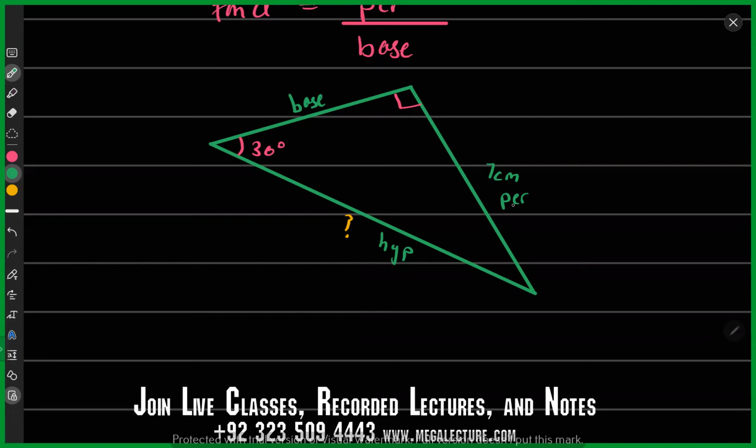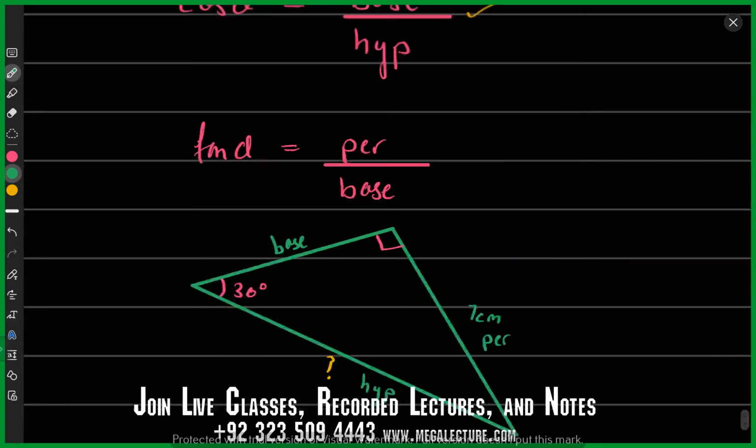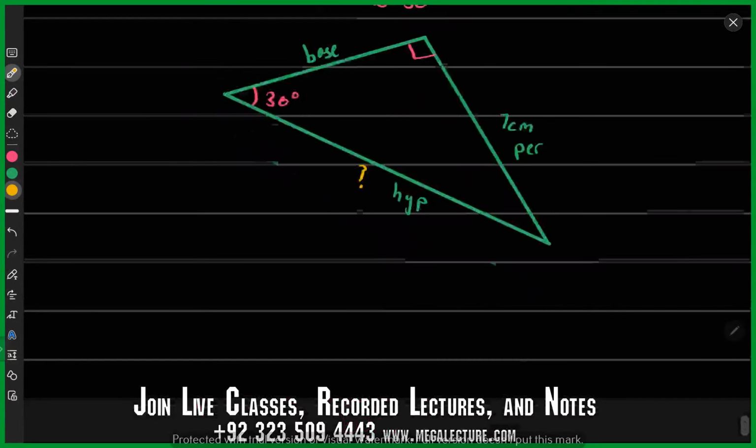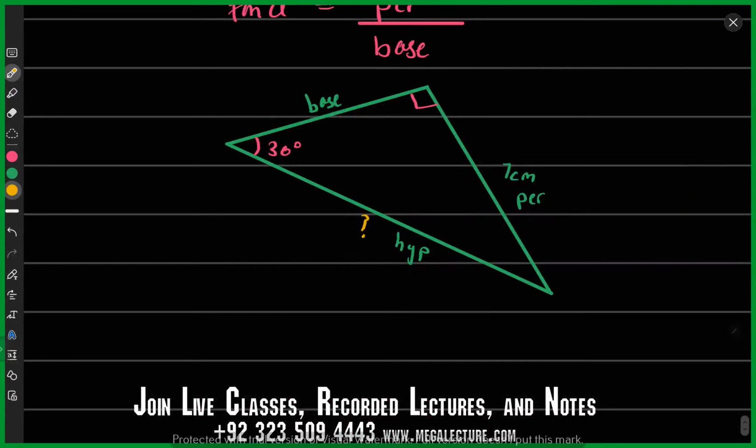So what equation should I use? Hypotenuse and perpendicular. It is the first one again. What is the first equation? Sine. Very good.